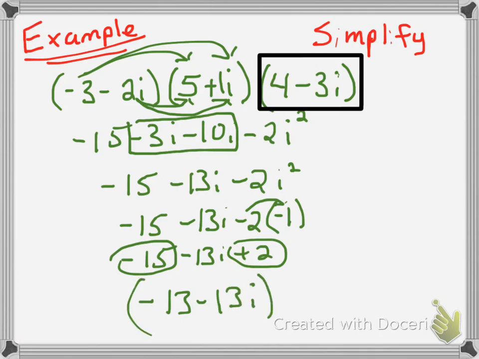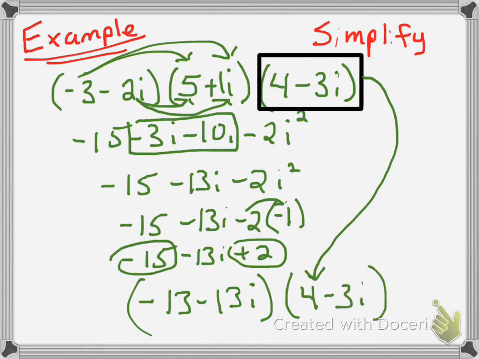Now, once we get that done, now we can bring this guy down and we just repeat it. Okay? We just got to repeat the same thing over and over. So now we're going to have to multiply negative 13 minus 13i with 4 minus 3i.